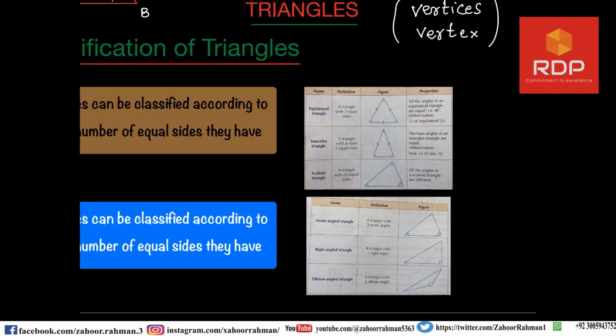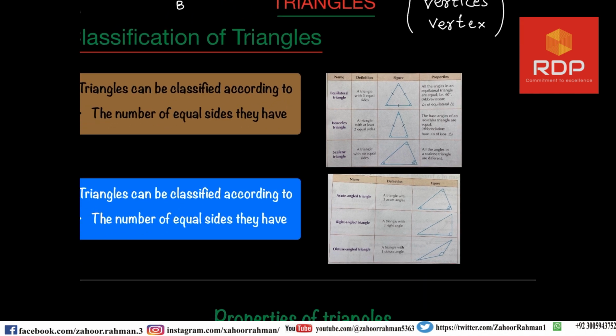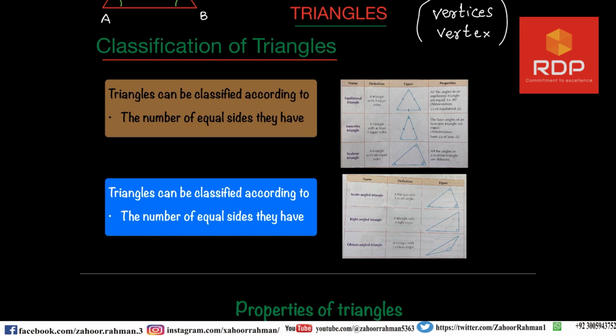We are now going to turn our focus to the second part, which is written in sky blue. Triangles can be classified according to the number of equal sides they have.